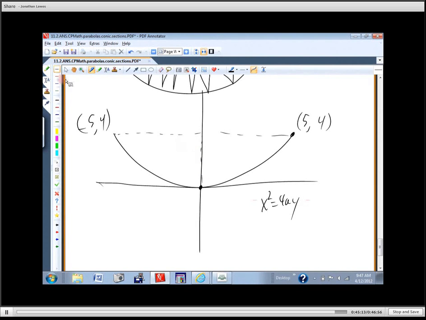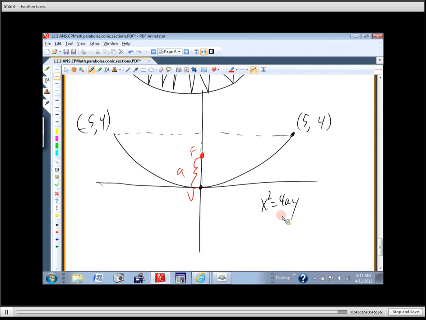The focus is going to be right here somewhere. On any parabola, how far is it from the vertex to the focus? We have a name for that distance: a. Do we know what a is? Not yet.